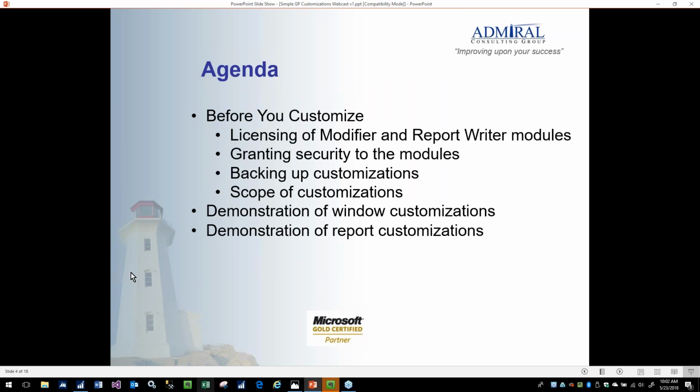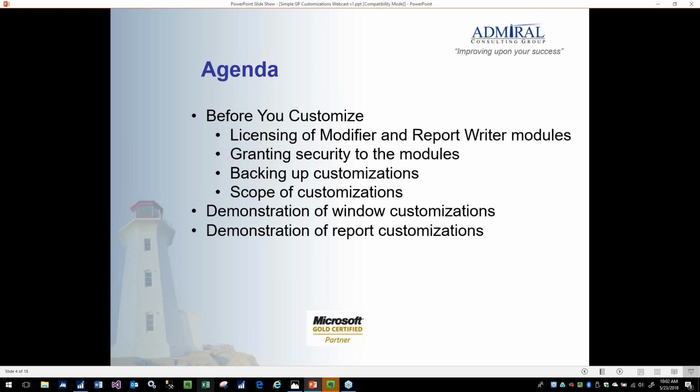Before we actually look at performing the customizations, we need to touch on 4 or 5 topics that are shown on this slide. After that, we're going to look at 2 window customization examples and 1 report customization example. The examples are fairly simple, but I know that simple can be subjective.